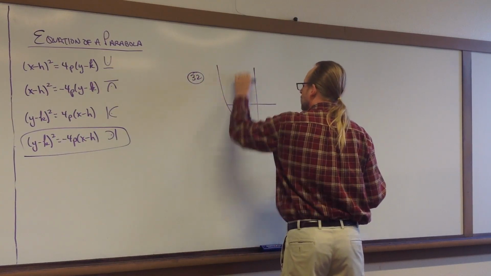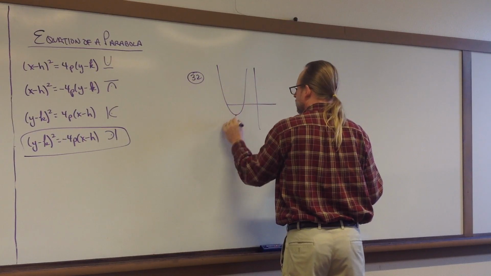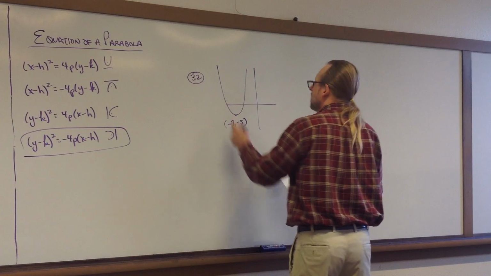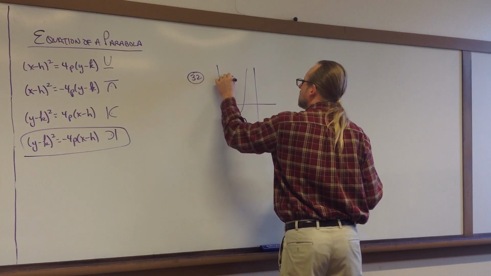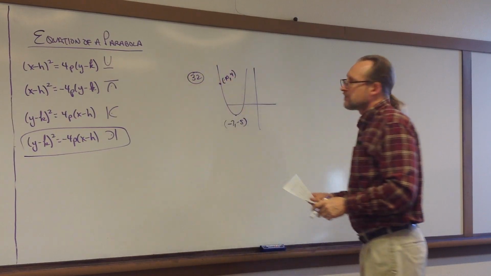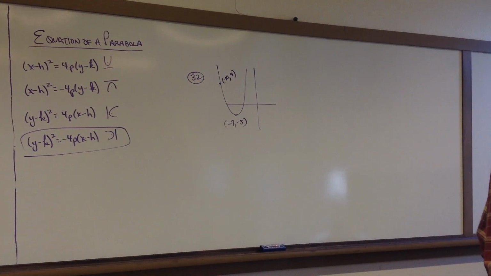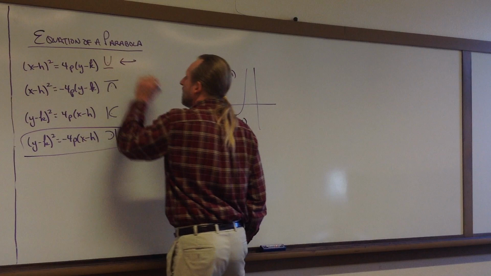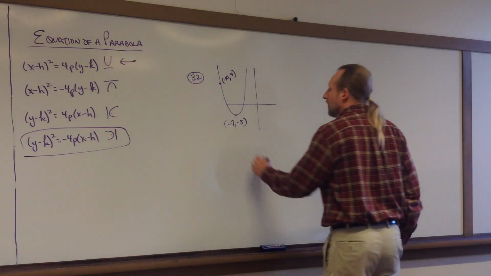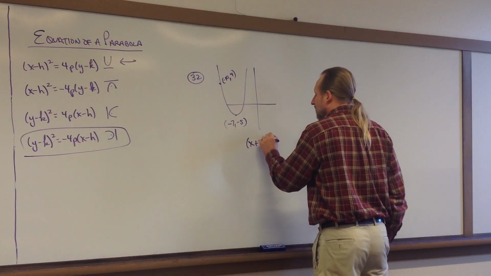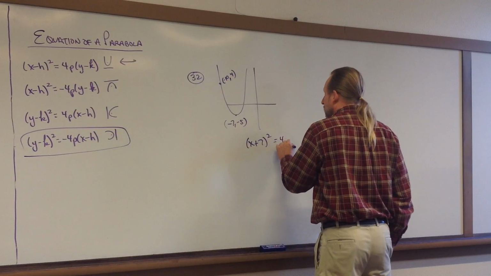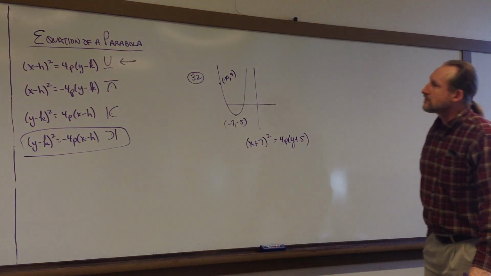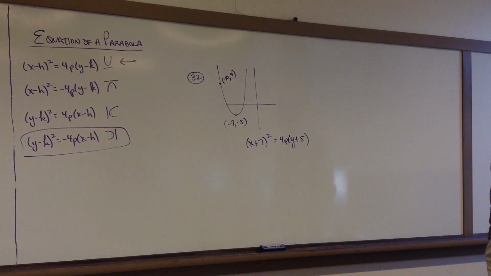We've got an upward-facing parabola with a vertex at (-7, -5) and another point, (-10, 4). All right, so first off, upward-facing parabola, that's what we're working with. So (x plus 7) all squared equals 4p times (y plus 5). All right, so there's a good start.